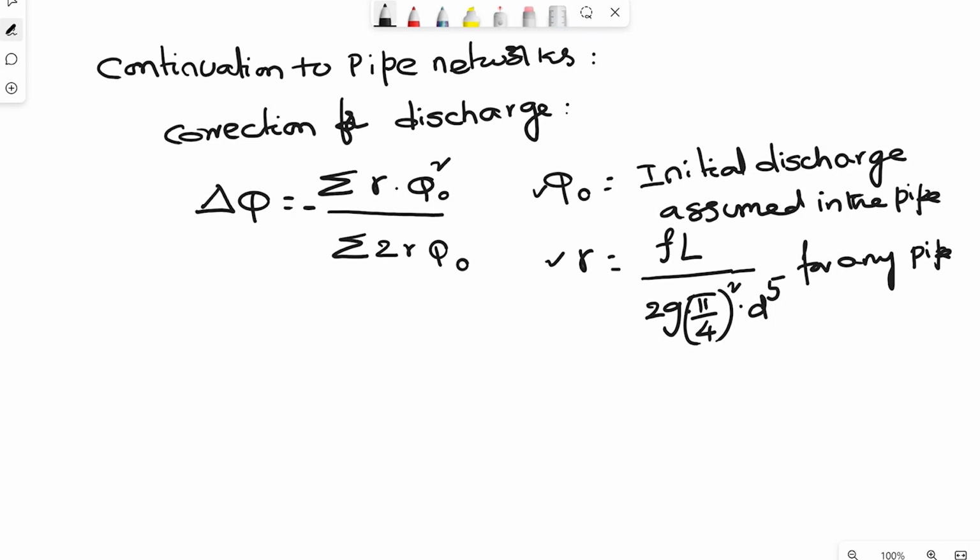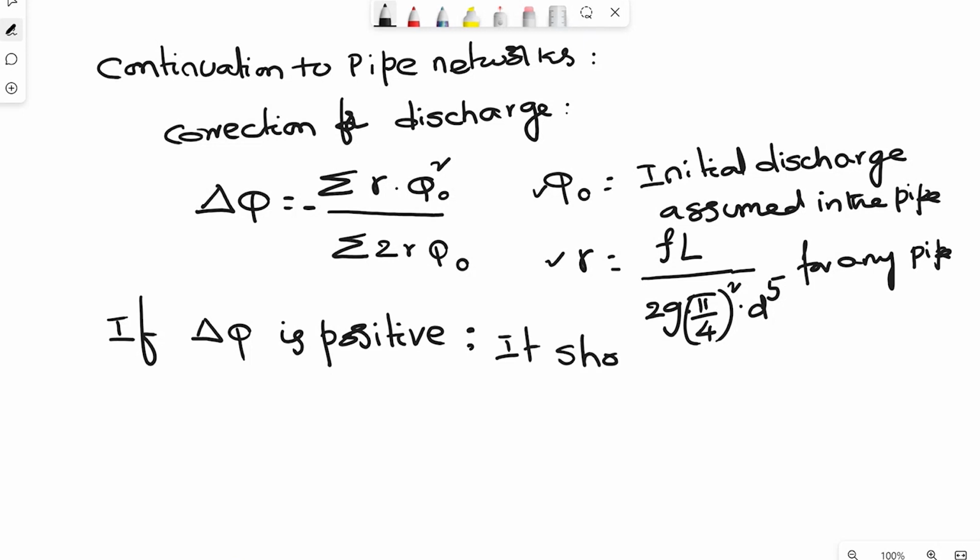After calculating this delta Q, how do we apply it? If delta Q is positive, it should be added to the flow in the pipe.